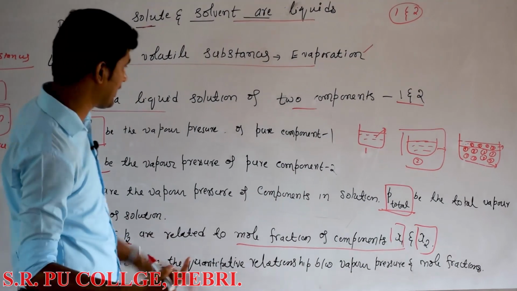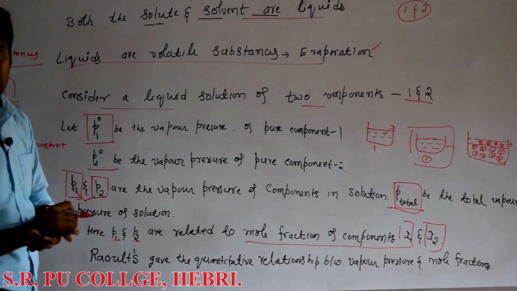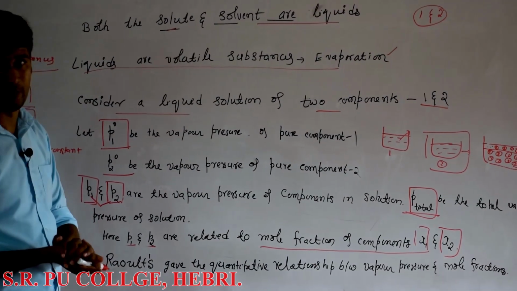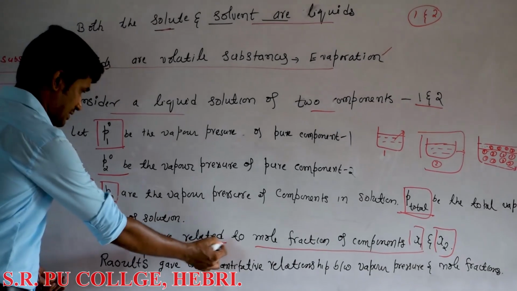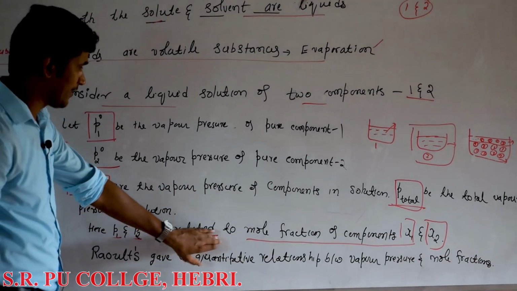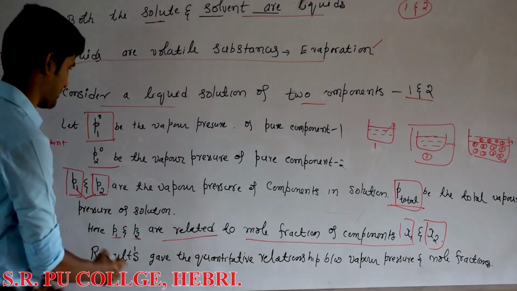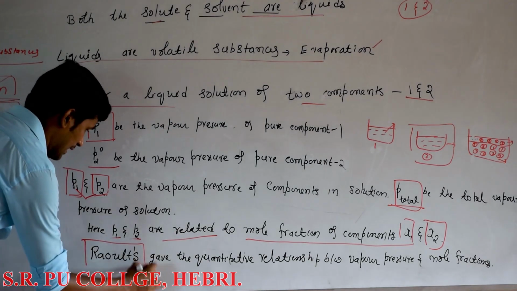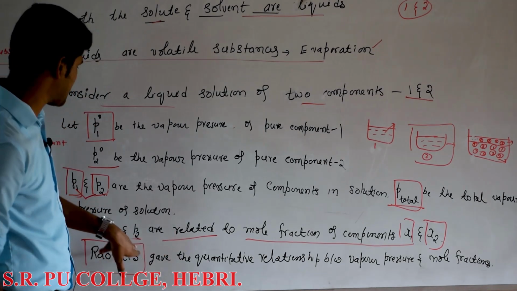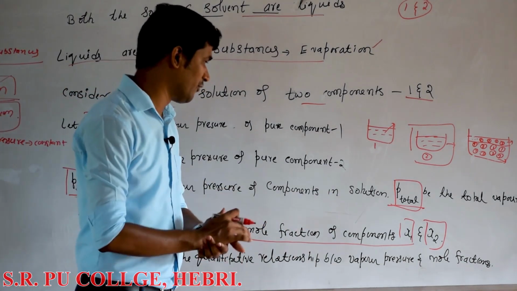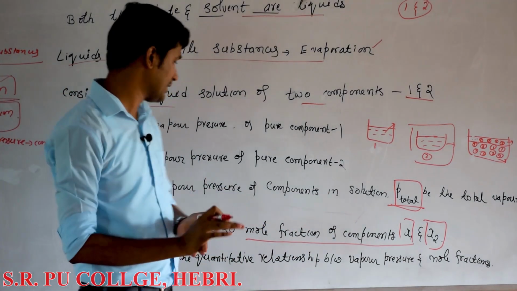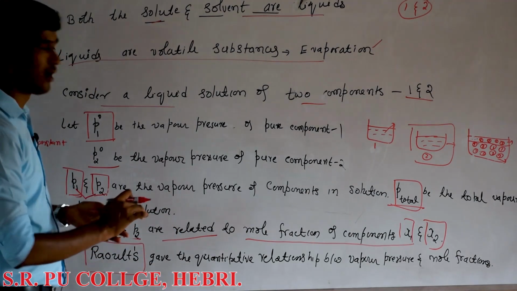This relationship was first explained quantitatively by Raoult, in terms of his law, which is known as Raoult's law.